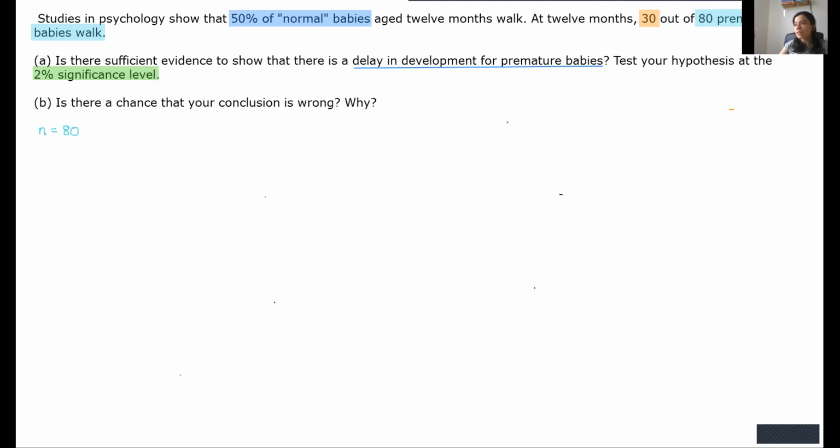Then from that sample, I have that 30 have a given property. What property? Well, they walk. So 30 out of these 80 walk. And I have that alpha is equal to 0.02.